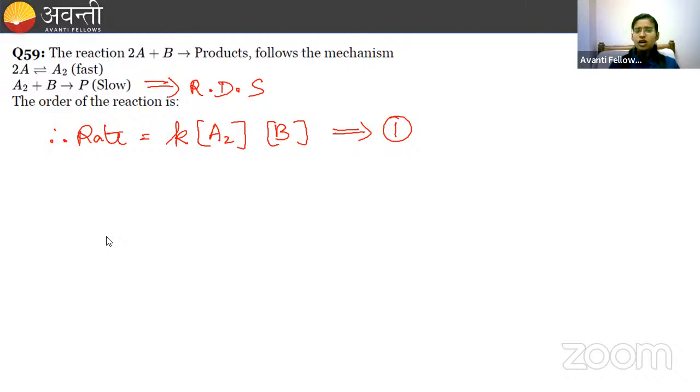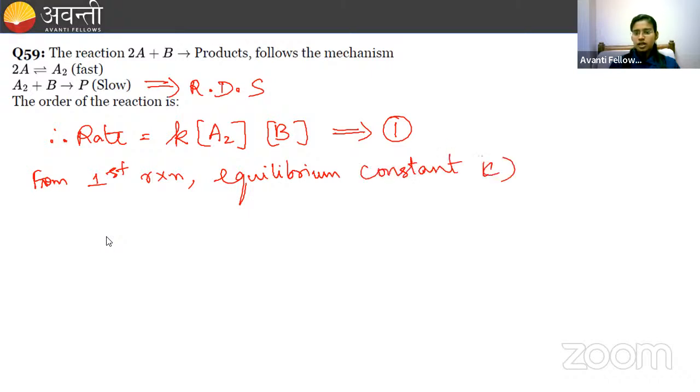Got it? Now, we do have two reactions. So that is the first reaction, which is 2A giving A2. From the first reaction, the equilibrium constant K can be written as the product concentration divided by the reactants concentration raised to the stoichiometric coefficient.